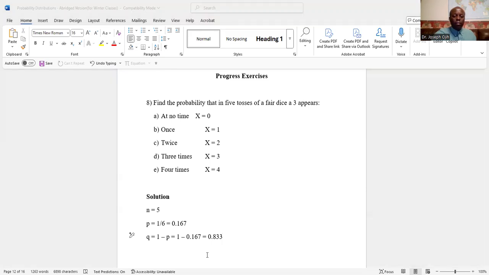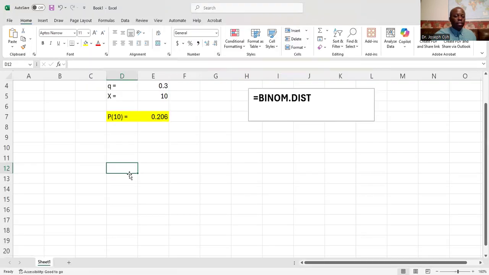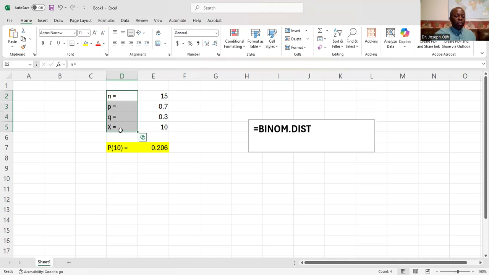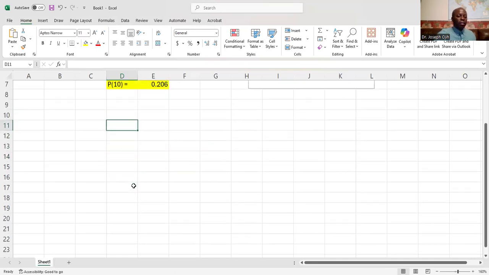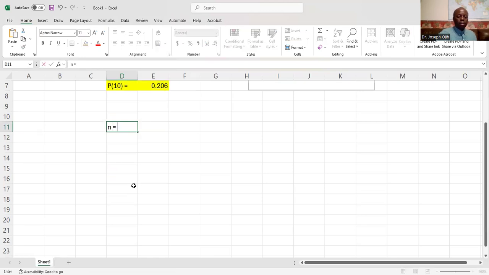So in Excel, to save time, I'm just going to copy this. N is, P is, Q is, then I'll come here and put our X values.